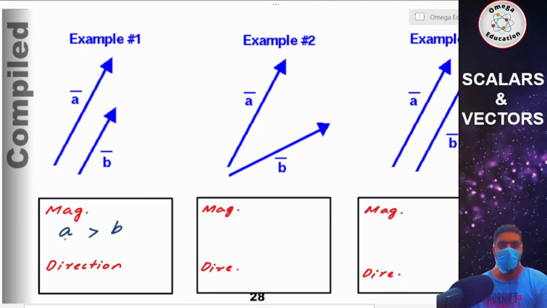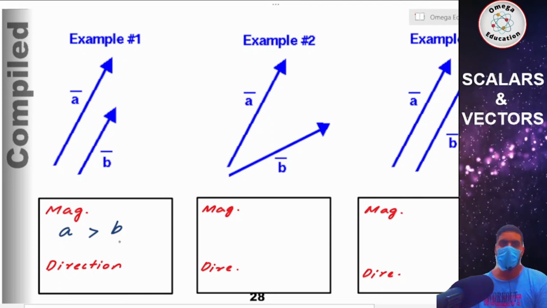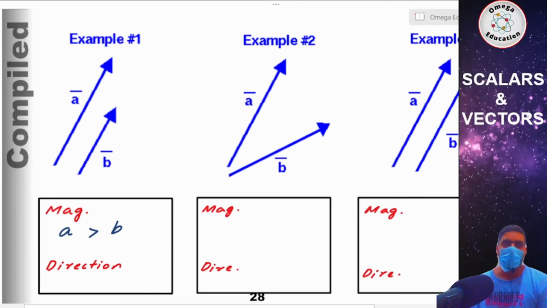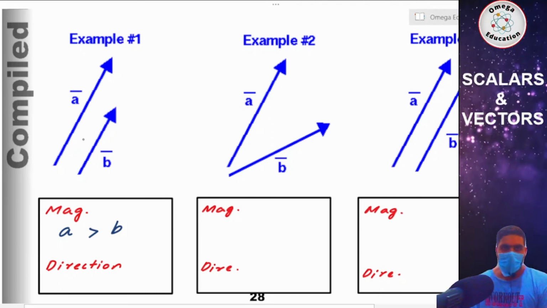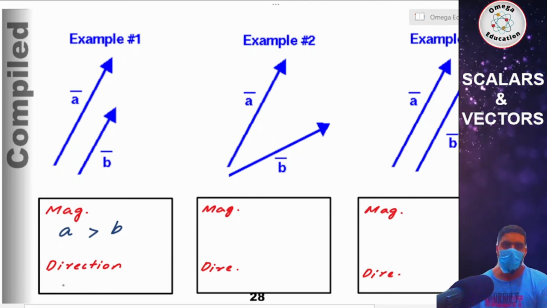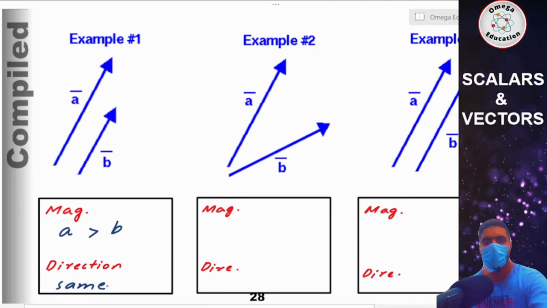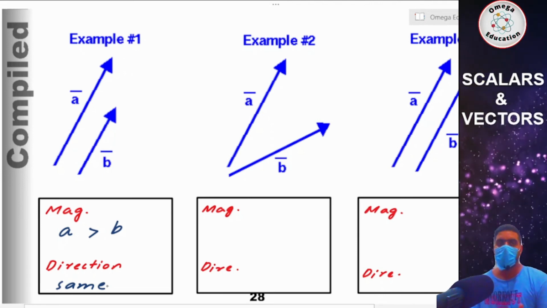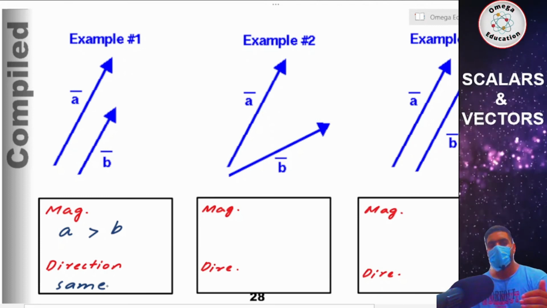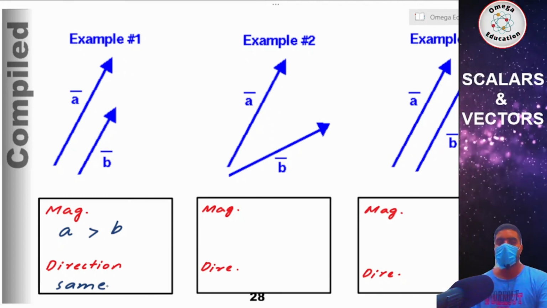What about the direction? Both vectors are parallel to each other, so they are in the same direction. Direction wise these two vectors are the same, but magnitude wise vector A is greater than vector B.